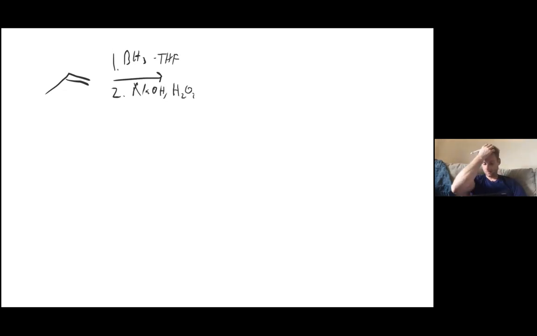So double bond, adding in BH3THF, NaOH and peroxide, is going to give us our anti-Markovnikov addition.